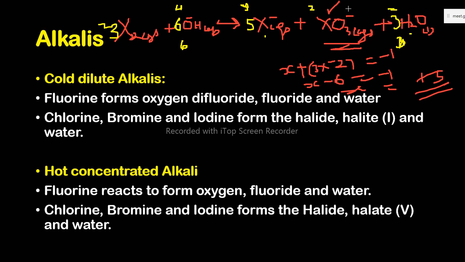Okay? So balancing equations involves a lot of effort, where you observe. You look at an equation, and you balance accordingly. So that's our equation, where X is chlorine, iodine, and Br.